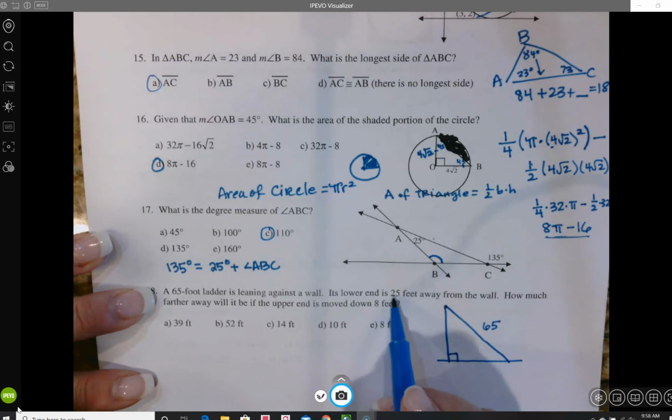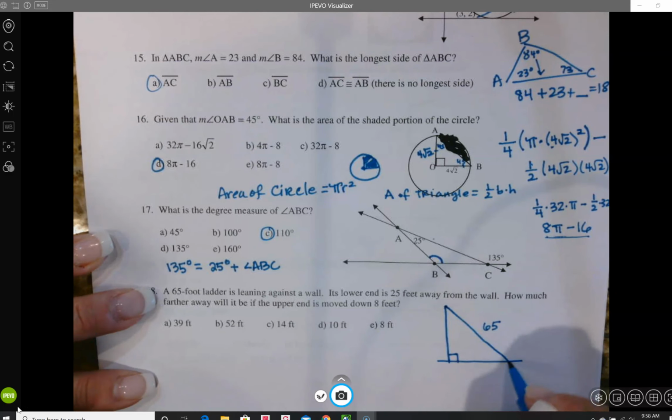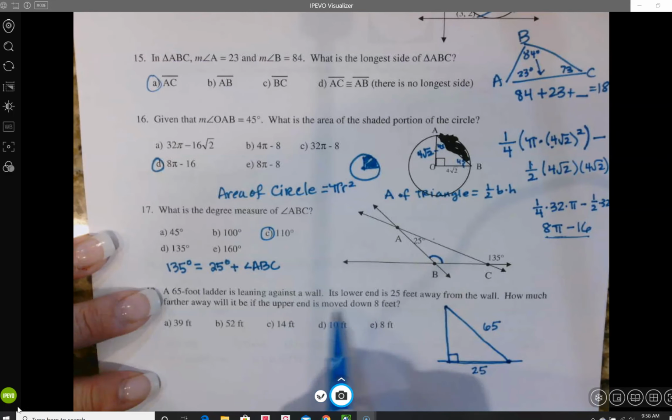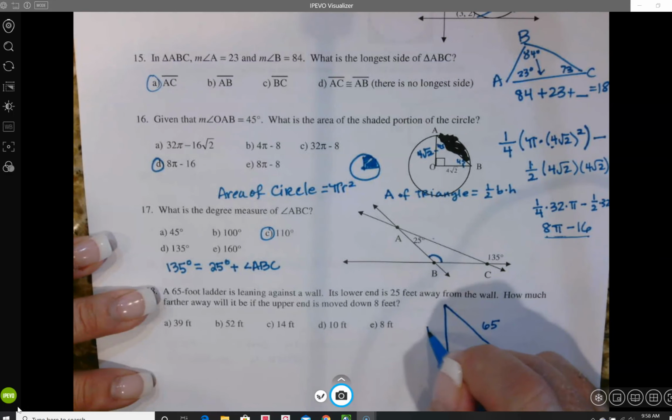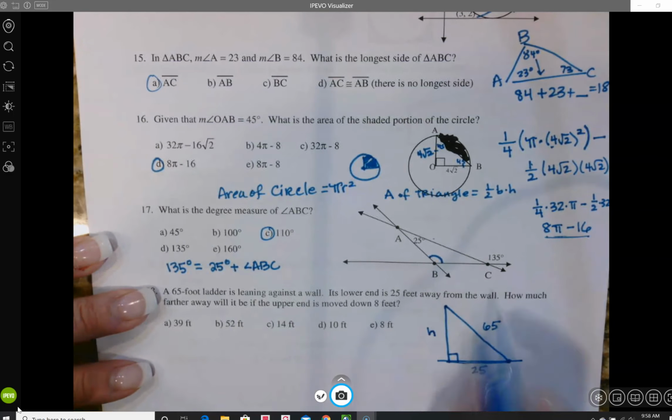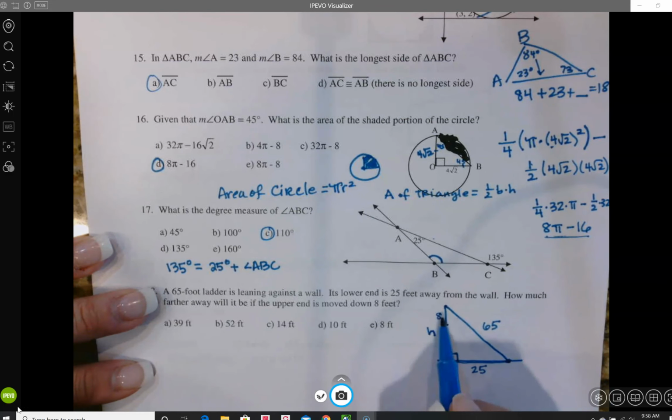Its lower end is 25 feet away from the wall. So they're talking about how far on the floor it is. So that's 25. How much farther away will it be if the upper end is moved down 8 feet? So whatever this height is now, we want to move it down 8 feet. So we're going to go down 8 feet, and then the ladder is just going to slide like that.